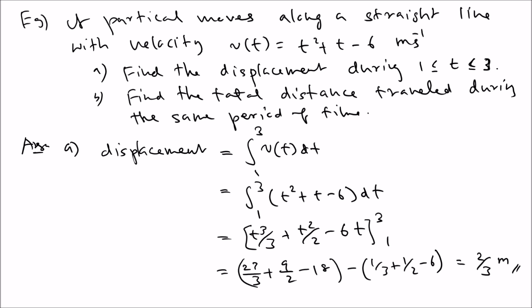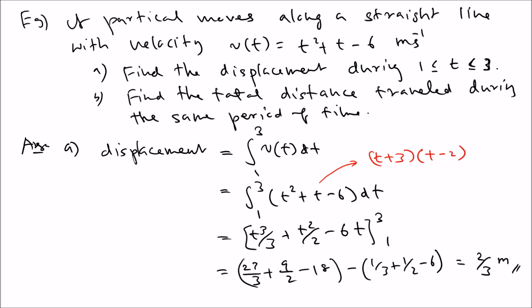So you get only 2/3 meters, less than a meter. That's the displacement. That means how much you moved from the first one to the other one. And you can see that at the beginning, at t equals 1, what are the factors of this function? Let's factor this. You're going to get (t plus 3)(t minus 2).